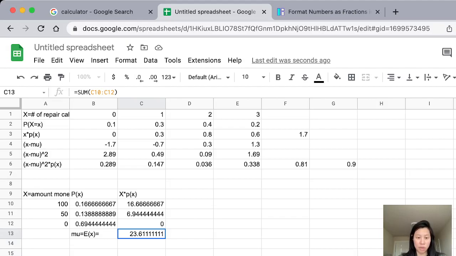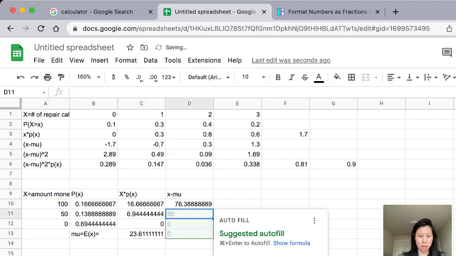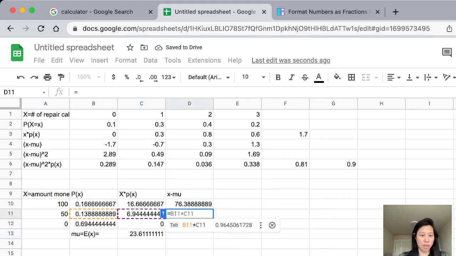Okay, so after we found mu, the next thing we want to do is use the random variable and subtract the mu. So we have equals 100 subtract this number. And then this one we can autofill, but let's do it by hand.